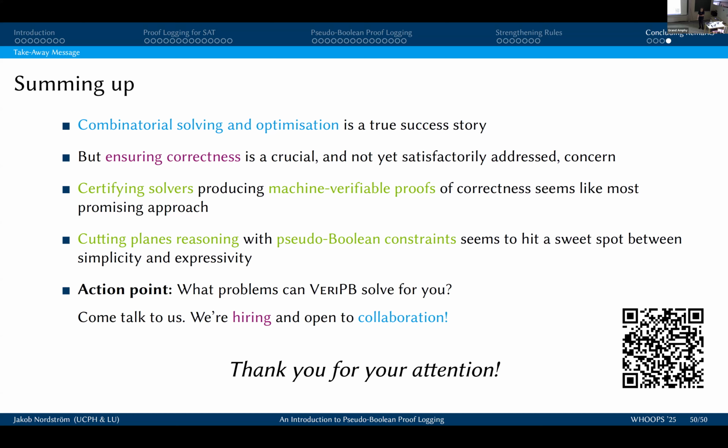I didn't tell you. What I didn't tell you about is that there are two versions of the RUP rule. I only gave you the one where, in the VeriPB proof format, you can just say this follows by RUP, or you can say this follows by RUP and do unit propagation on these constraints. If you give these helpful hints, then in general the verification will be way faster.